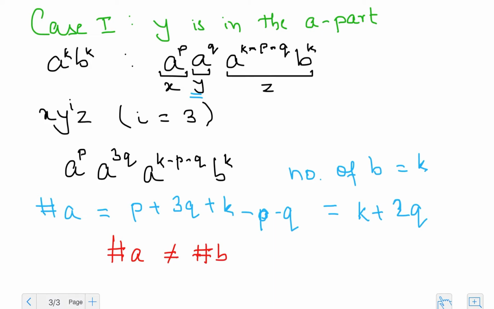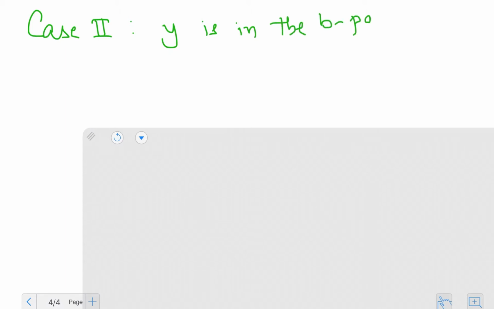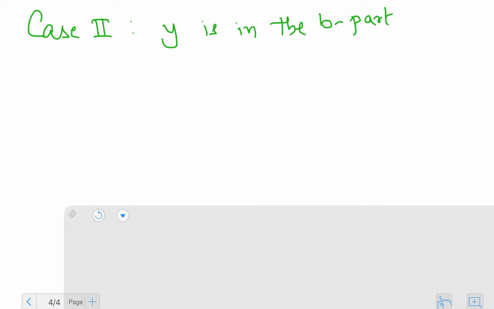The second case is something that you can also work out for yourself, but I'm just going to do it for the sake of completeness. So I have case 2 where y is in the b part, and in this case, once again I'll have to assume that my x can go on till the b part as well.